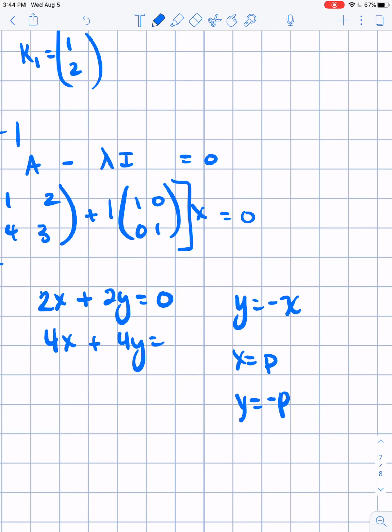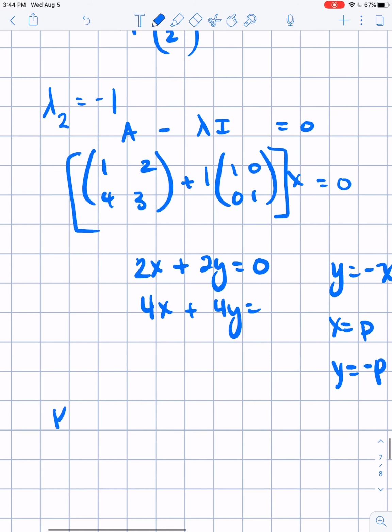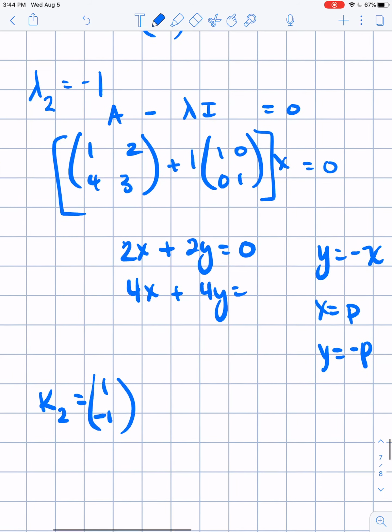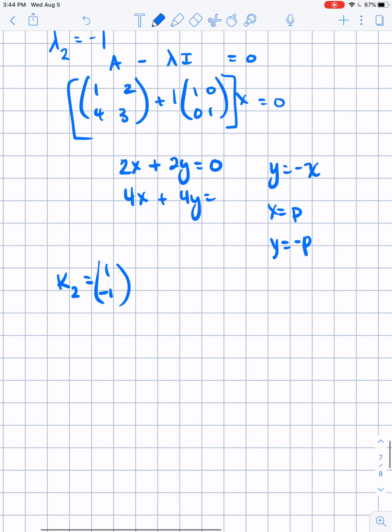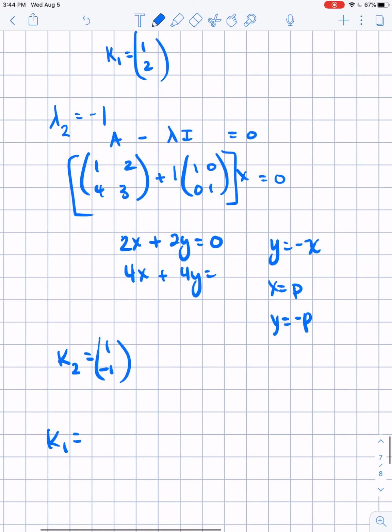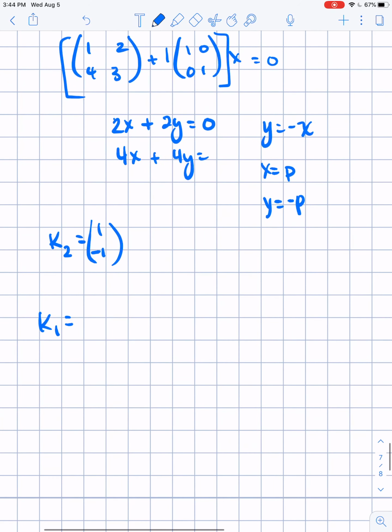So again, in this situation, we'll have k sub 2 equal to 1, negative 1. All right. So now that we know what k sub 1 is, we got that before, 1, 2. K sub 2 is equal to 1, negative 1.